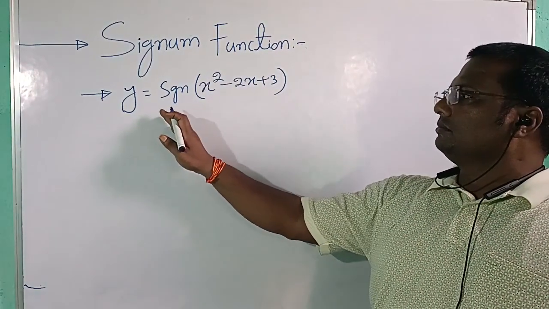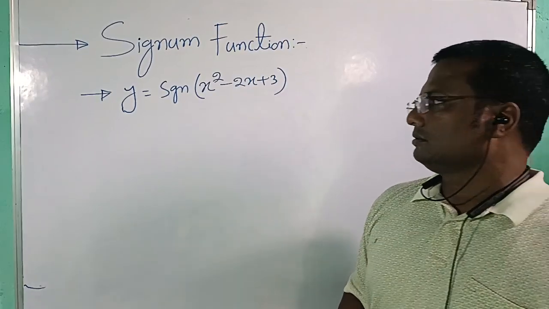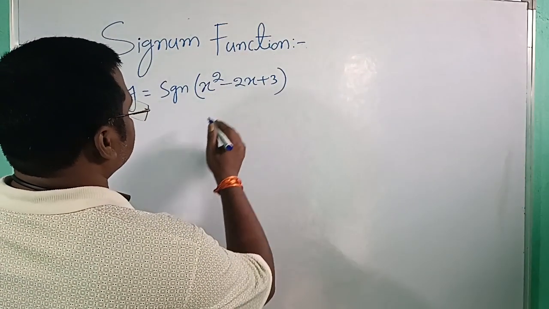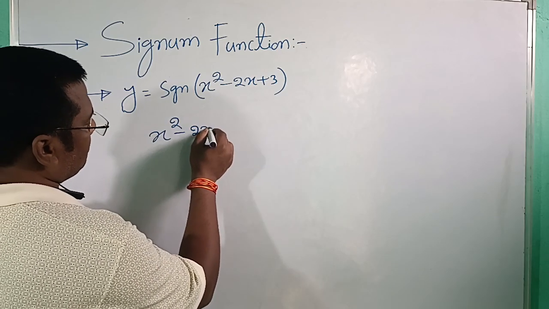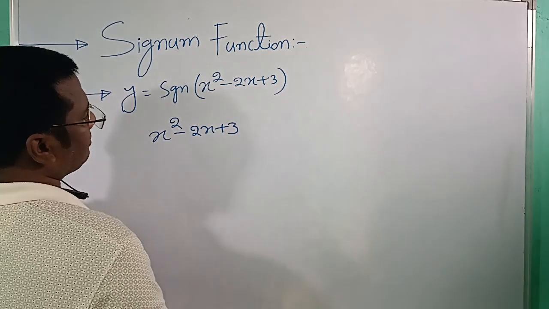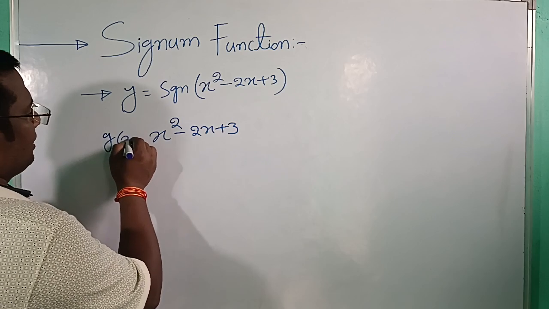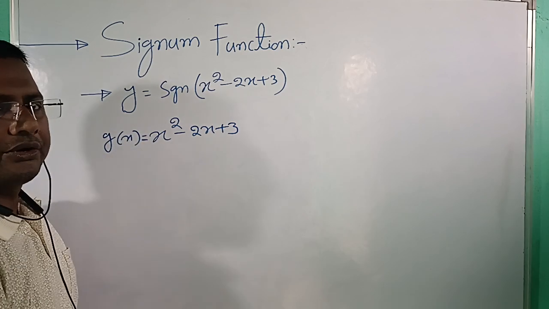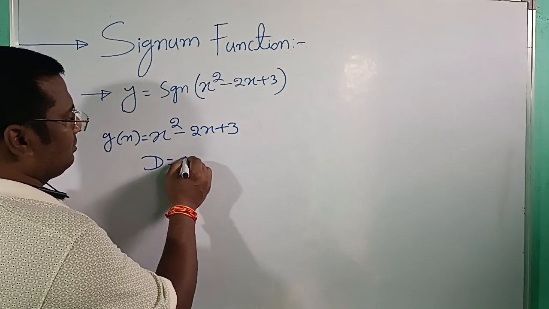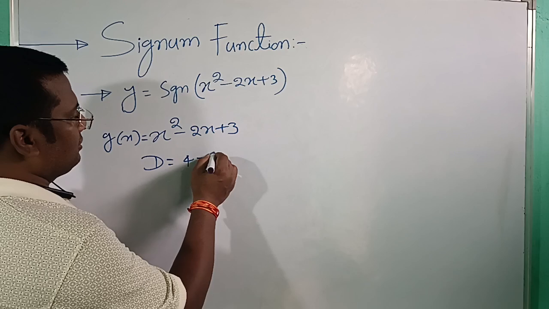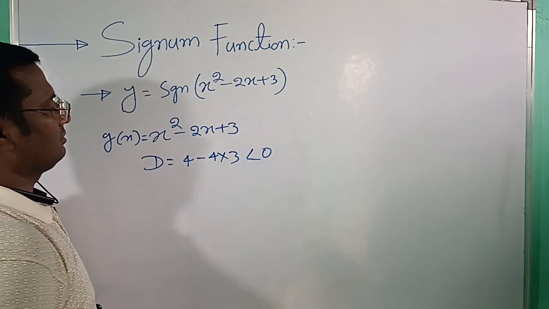Now, sgn of x square minus 2x plus 3. Okay, let us consider this is g(x). So D equal to 4 minus 4 into 3, you can say this is less than 0.